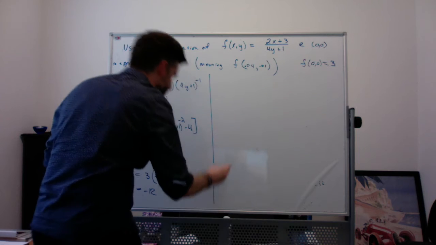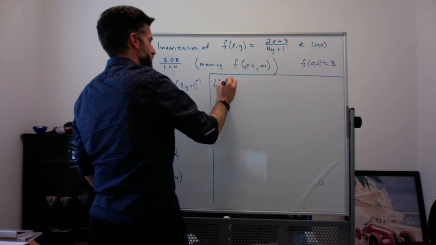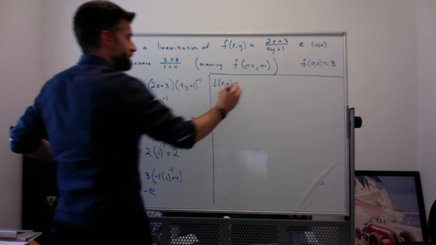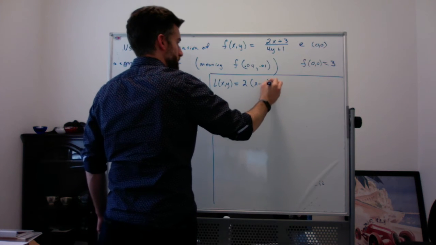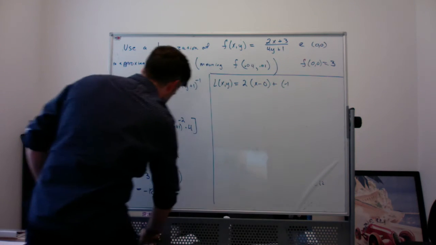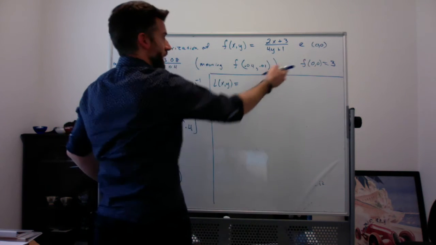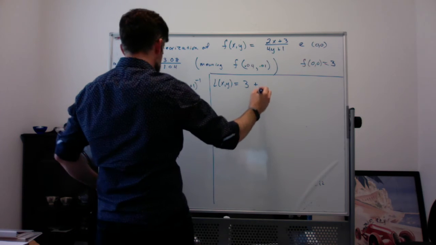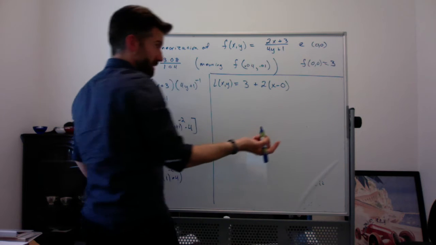So our linearization, before we try to do an approximation, at (x, y) is, sorry, I forgot the first part. I usually write that part first. It's f(0, 0), which is 3, plus fx, which is 2, times x minus x naught. x naught is 0 here, right?